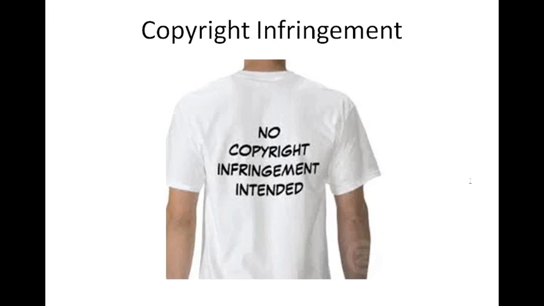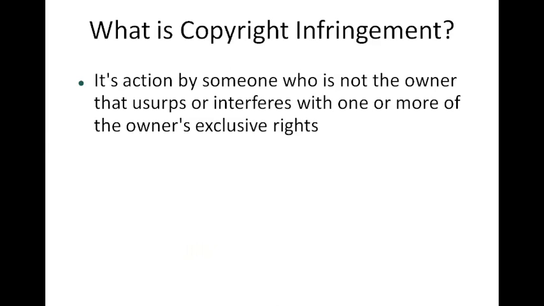Now, as we said before, there are certain rights that come with having a copyright, such as the right to perform the work publicly, the right to have copies made, the right to prepare derivative works, etc. In order for there to be an infringement, what's required is an action by someone who's not the owner that usurps or interferes with one or more of those exclusive rights.